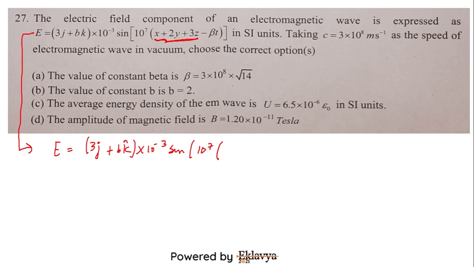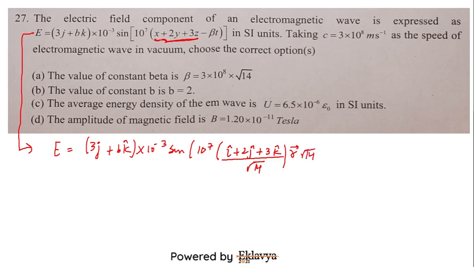of propagation of waves. So this can be written as i cap plus 2j cap plus 3k cap divided by the magnitude of this vector, which is 9 plus 4, which is root 14, into r vector, where r is xi cap plus yj cap plus zk cap, into root 14.